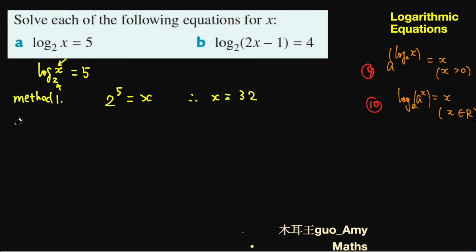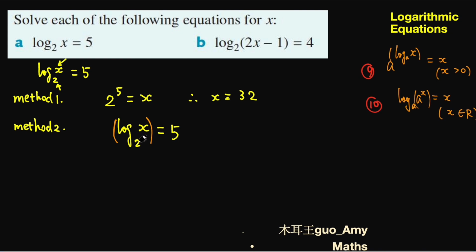But in this video, we are going to focus on the method of using the inverse relationship. First we have log x to the base 2 equals 5. Then we apply the opposite operation to it.